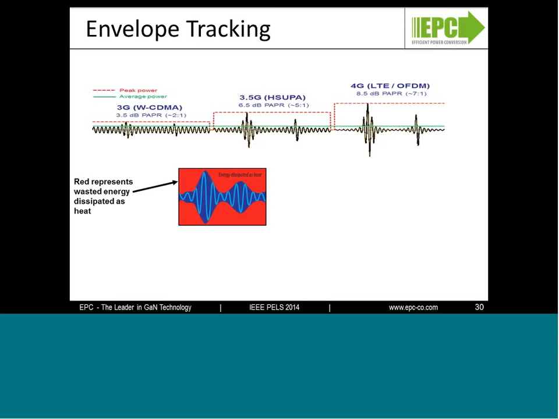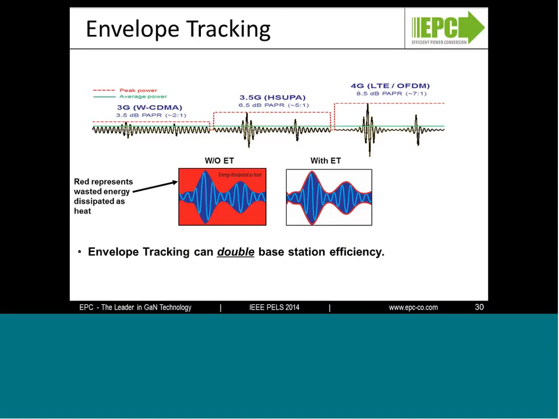The concept of envelope tracking is, as opposed to having a fixed bus voltage, to have a power switching converter track the envelope of the signal into the RF power amplifier. And that can significantly reduce the losses in the RF power amplifier and significantly improve performance. Envelope tracking has been shown to double base station efficiency.